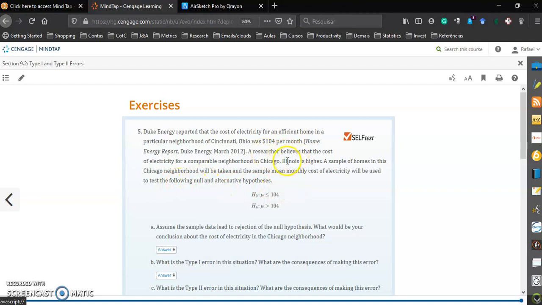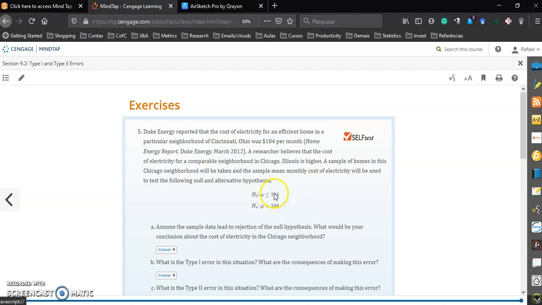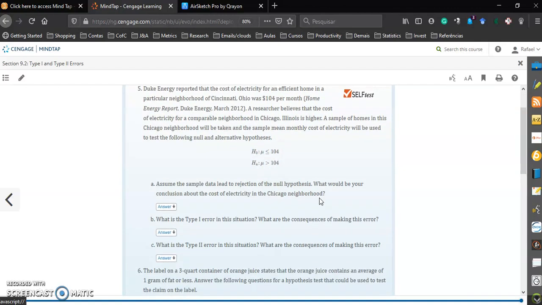If the researcher believes and wants to prove that it is higher, then this is the alternative hypothesis. Okay? Because the researcher wants to challenge what Duke is reporting, what is the status quo. So the null hypothesis is that the mean is smaller or equal to 104, and the alternative is that the mean is higher than 104.